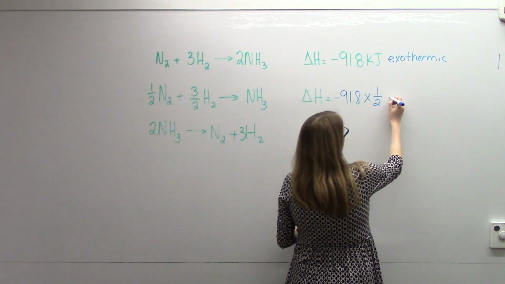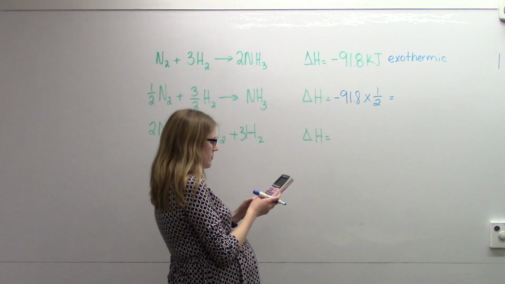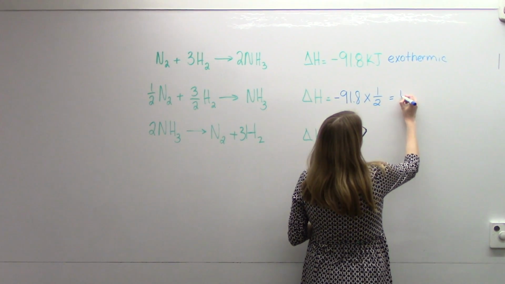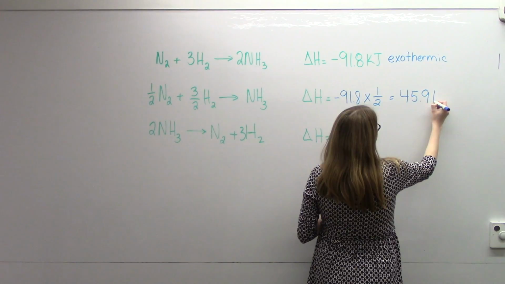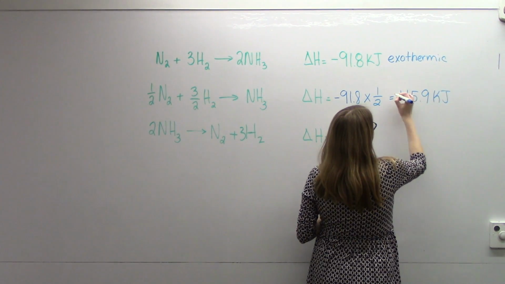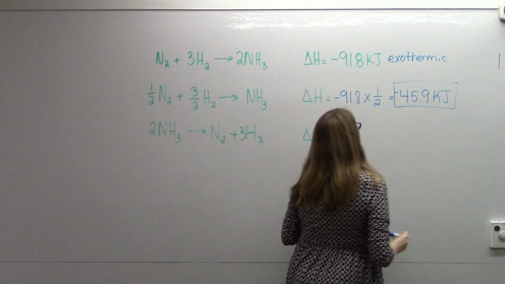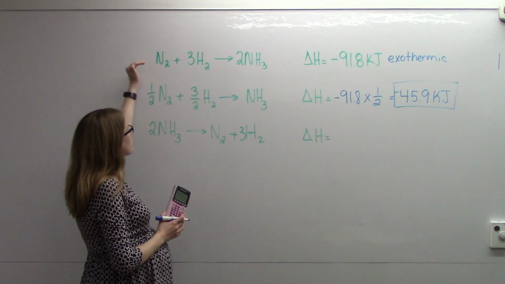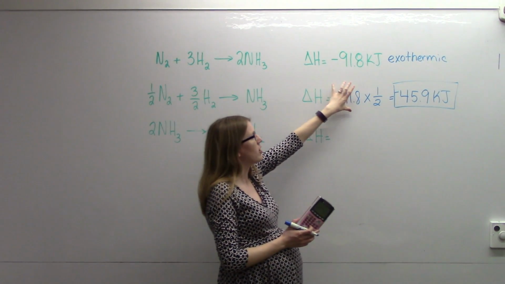So then, when we do that, just to be sure I'm correct, I'm going to use my calculator, divided by 2, we get 45.9. And this is still an exothermic reaction, so we've got to have a negative 45.9. There we go. We took this part and divided it in half. So that's what we did here as well.